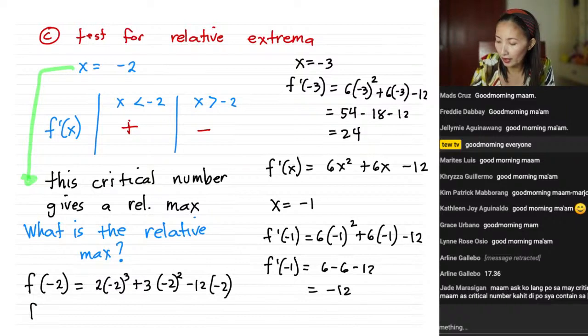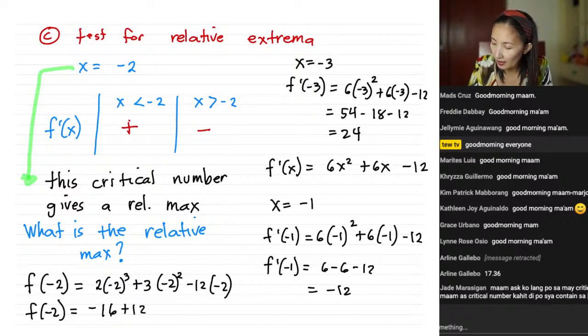F of negative 2 equals negative 2 cubed, that's negative 8, times 2 is negative 16, plus 12, plus 24. Negative 12 times negative 2 is 24.